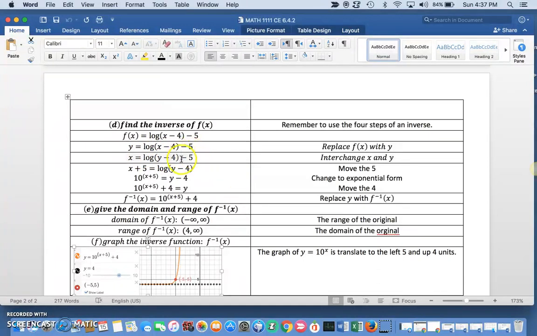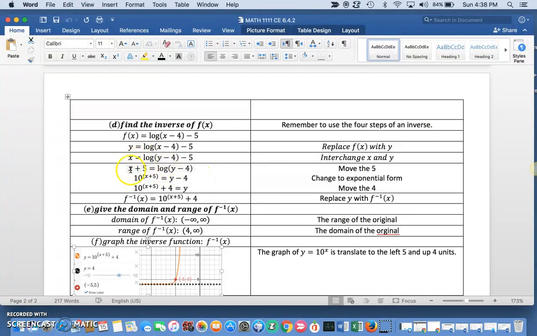Well, the first thing is going to take this -5, put it on the other side, becomes +5. To get rid of the logarithm, you have to change it to an exponential. The understood base, as we talked about in the beginning, was 10. So the base is 10, the other side is the exponent, the opposite side. 10 to the x plus 5 equals y minus 4.